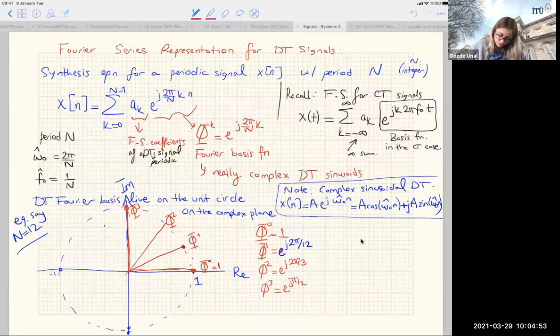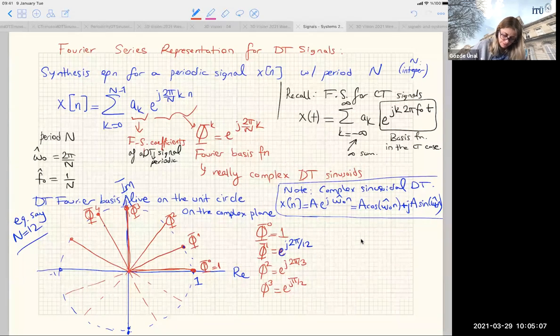By the way, I have to do these too. This is phi 4, phi 5. You can do the math, just insert the mathematics from our basis function definition with a specific fundamental period, capital N. I'm just drawing them here.